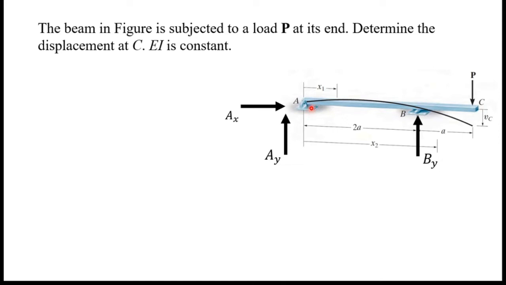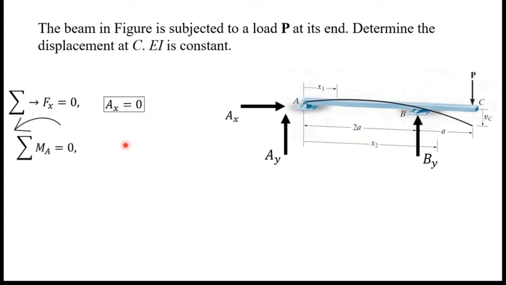At A we have a pin support, therefore I mark two force components, a horizontal force component and a vertical force component. At B there is a roller support, therefore I marked one vertical force component. First I will consider the sum of all the horizontal forces. There is only one horizontal force, which is Ax. Therefore, Ax equals 0.